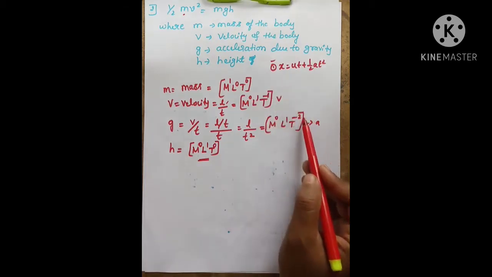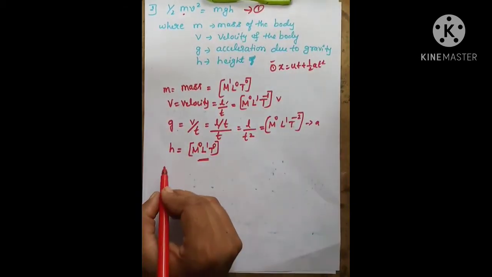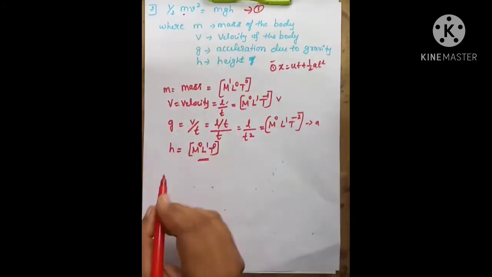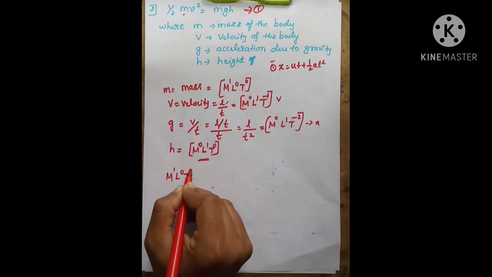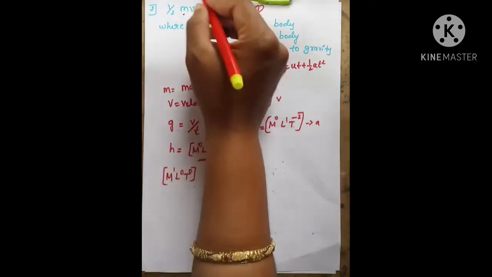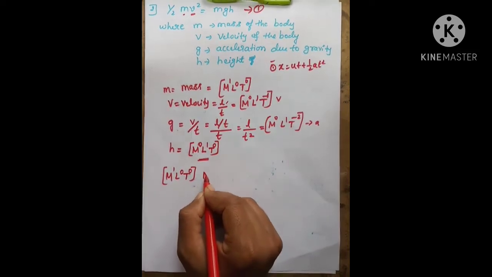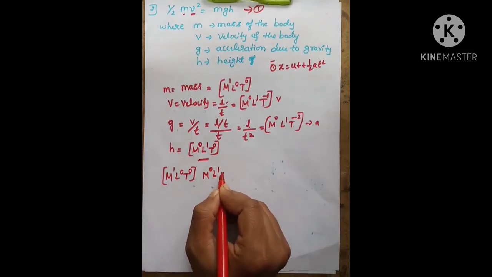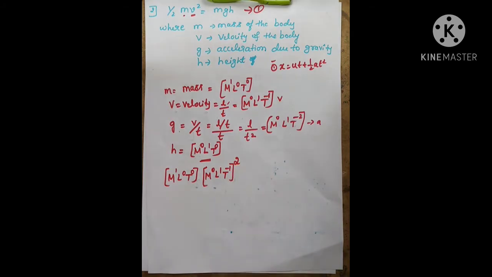Substitute all these dimensions into equation 1. We neglect the half. What is mass? Mass means M1, L0, T0. V square. What are the dimensions for V? M0, L1, T to the power of minus 1. V square, the square must be written outside.